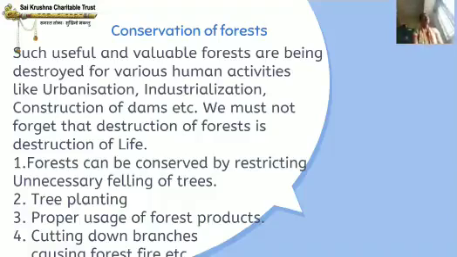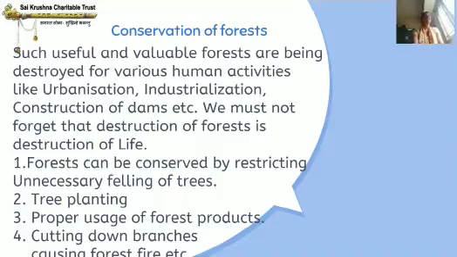We should not forget that if you destroy the forest, you are destroying the life of all the living organisms. Useful and valuable forests are being destroyed for various human activities like urbanization and industrialization, and even for the construction of dams.